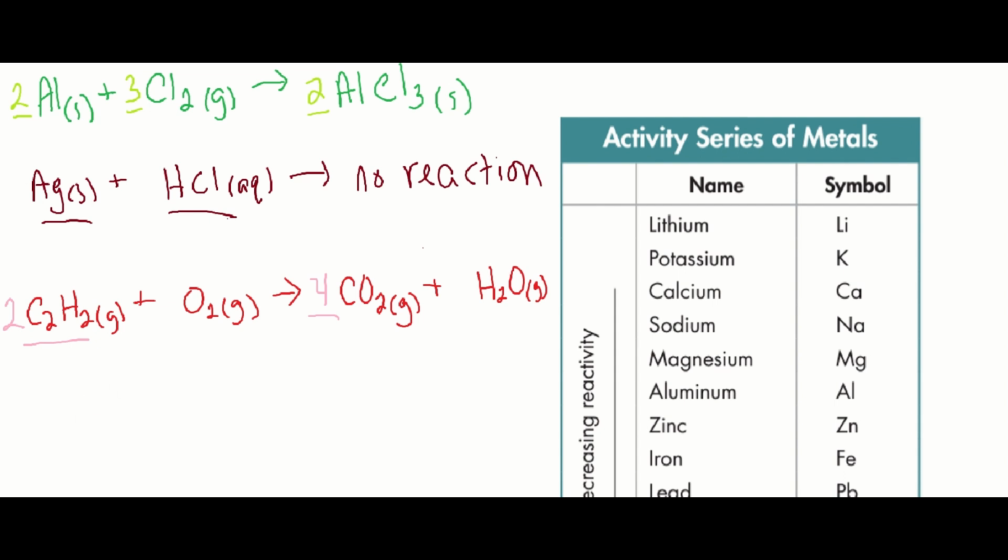So there's 4 there. So the coefficient here must be 2, because it's always H2O. So 2 times 2 is 4. Finally, the coefficient in front of the oxygen is going to be the number of carbon atoms plus 1/4 of the number of hydrogen atoms in the hydrocarbon. And that has to do with the proportion of the O's in the carbon dioxide and O's in the water. I've already explained this in another video, so I'm just going to get to the answer here. So it's going to be 4 plus 1, which is 5.